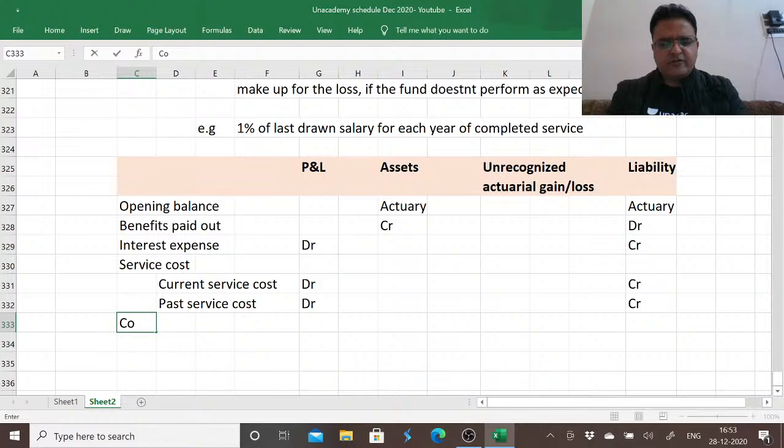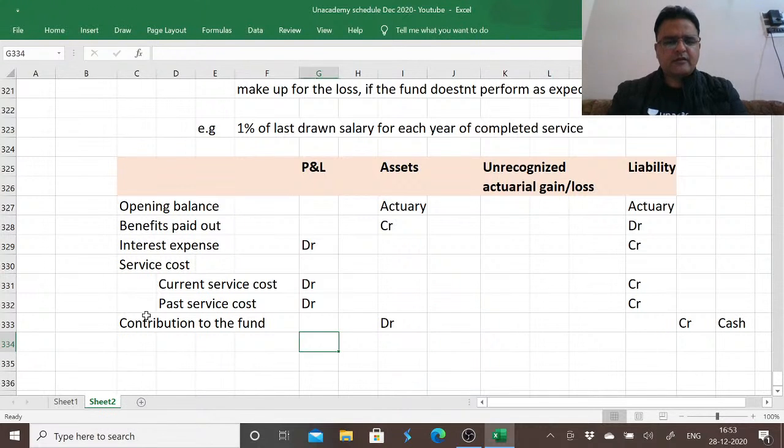If we have paid any contribution to the fund, it increases our asset and the credit goes out to cash. The interest income for the year will be credited to P&L and will be debiting the asset.